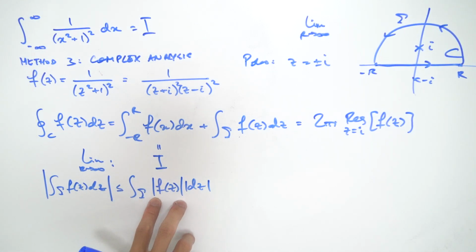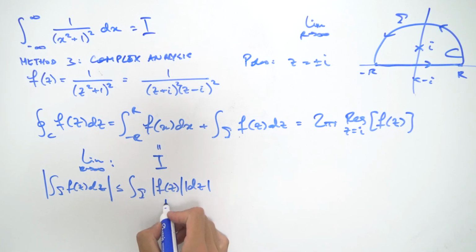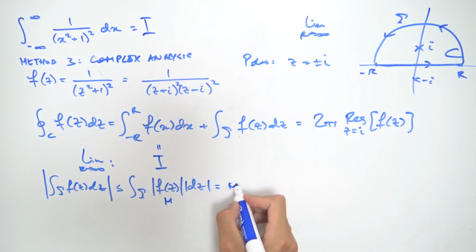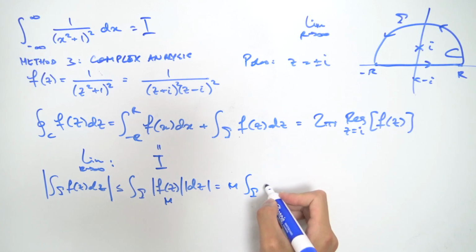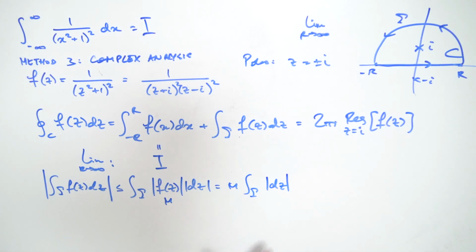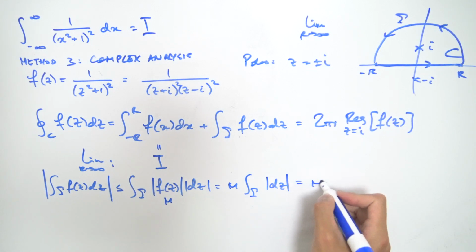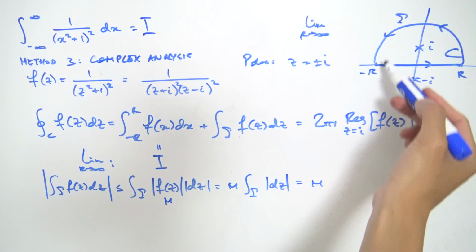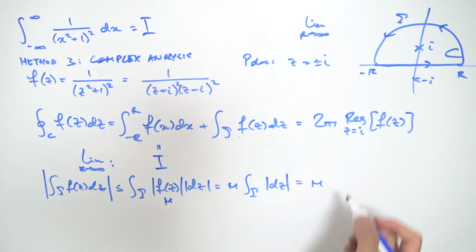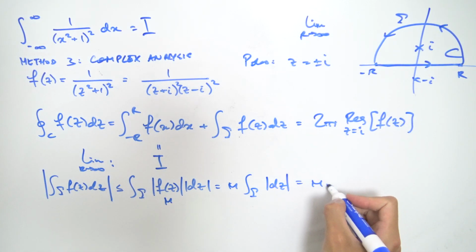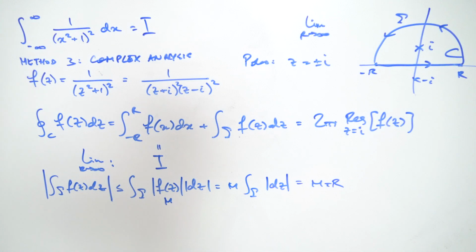And notice if we can find an upper bound for f of z, let's call it M for example, then this is equal to M times the integral over gamma of absolute value of dz. But the integral along a path of the absolute value of dz is exactly just the length of the curve, and the length of this curve is exactly pi times r. R is the radius of the curve, so we have M times pi times r.